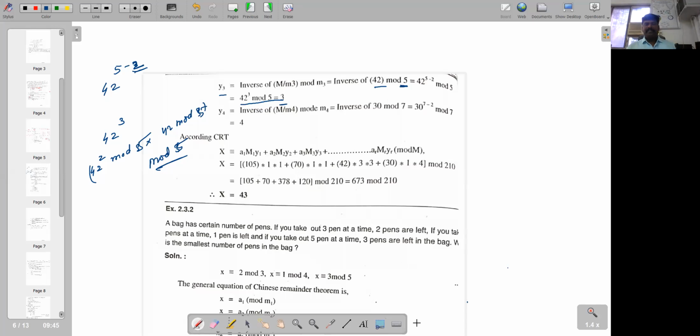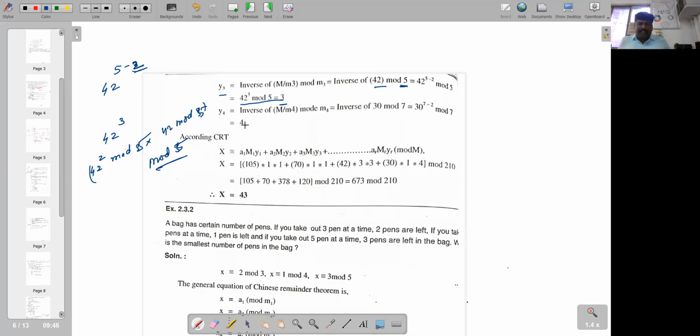Continuing that topic, we started with the Chinese remainder theorem, where I was explaining the technique through which we can find a common value for the given equations.